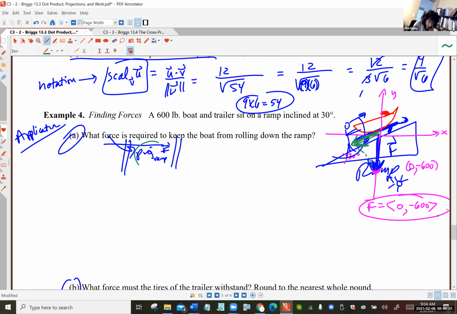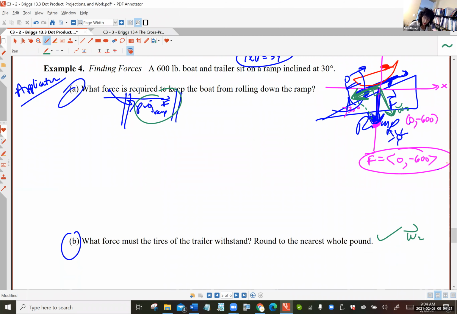That's going to be the projection of F onto the ramp. And then the force that the tires have to withstand, that's going to be our W2. That's the force the tires have to withstand, so if the tires make a 90-degree angle with the ramp, that would be the force there.